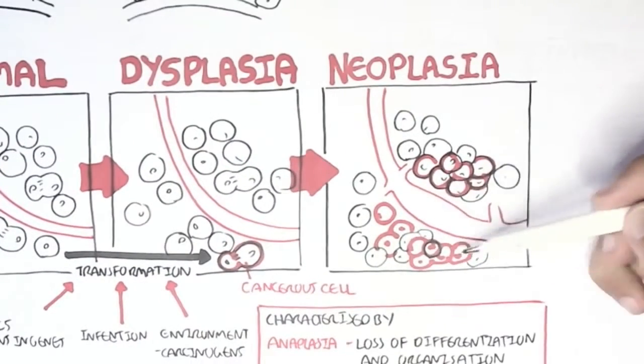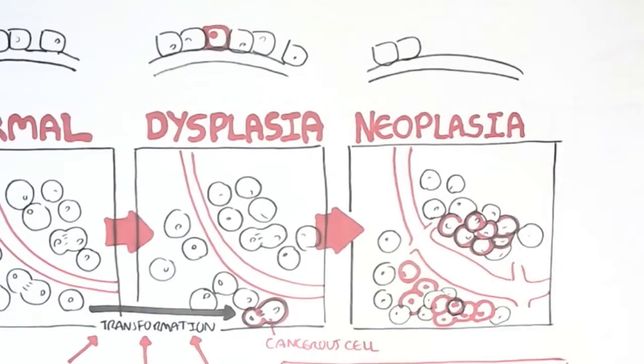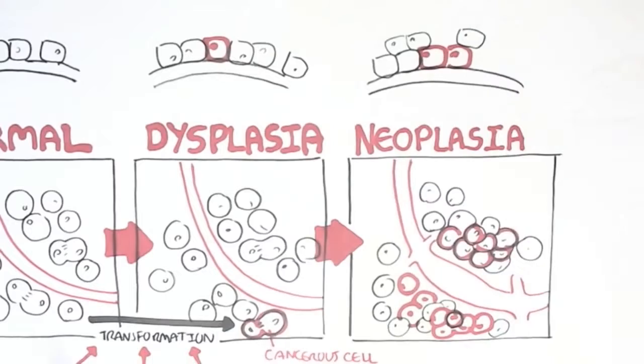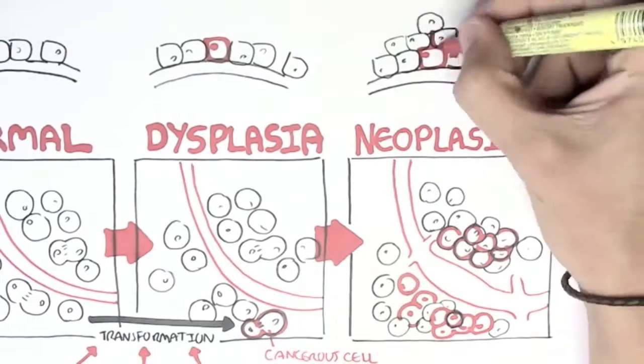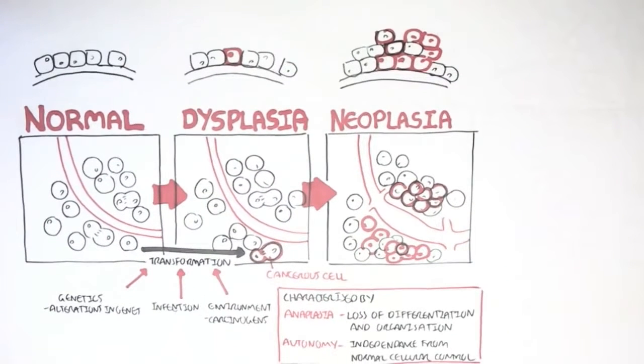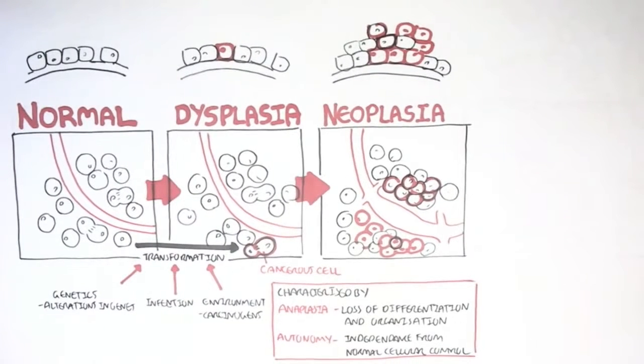So these red things now are all cancer cells, and they're stacking on top of each other, creating a tumor, a neoplasia. Further, you can see that there's a variety of colors, meaning a different variety of cancer cells due to continuous mutation.